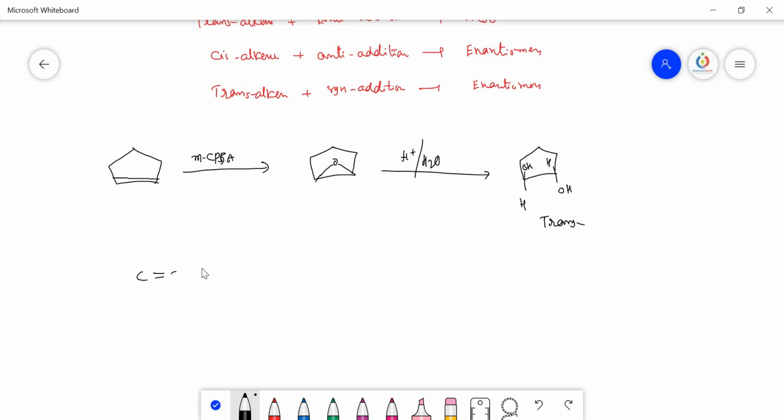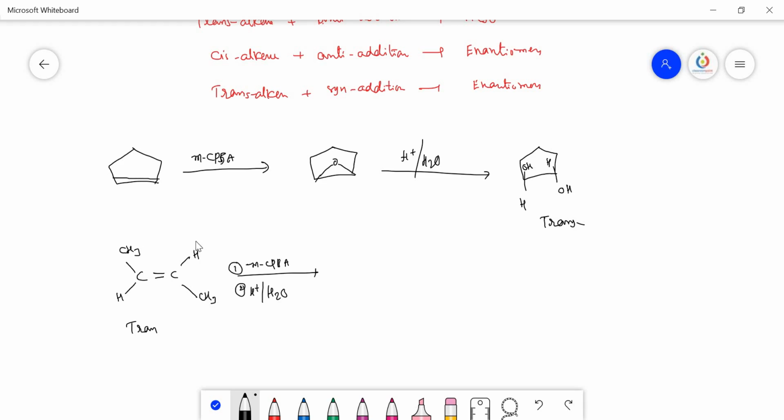Now, just take the trans molecule here, add the MCPBA. This is step 1 and step 2, H plus and H2O.